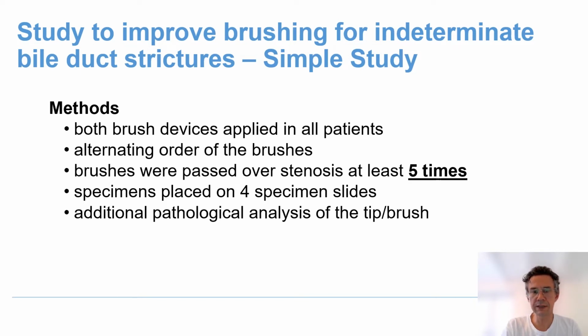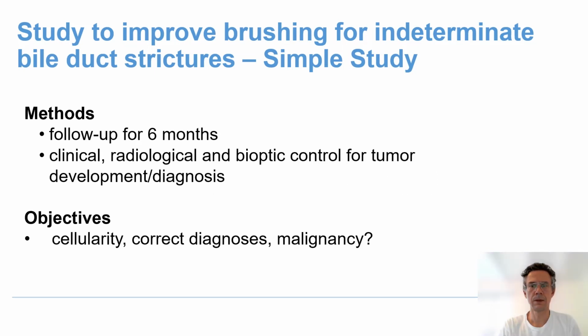Both brush devices were passed at least 5 times over the stenosis. We placed the specimens on 4 specimen slides, and the tip of the brush was additionally analyzed by the pathologists. We performed at least 6 months of follow-up, with a clinical, radiological, and bioptic control for tumor development.